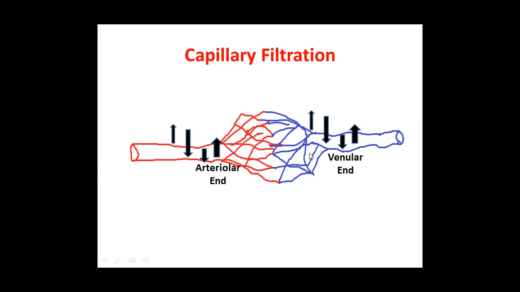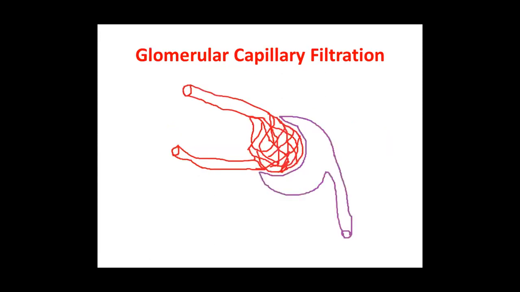That we understand. Now let us see what is happening in the glomerular capillary. The glomerular capillary is a very peculiar capillary, as I described in my last class. Here, the capillary originates from an arteriole, but it ends in an arteriole instead of a venule. That is the speciality of the glomerular capillary.